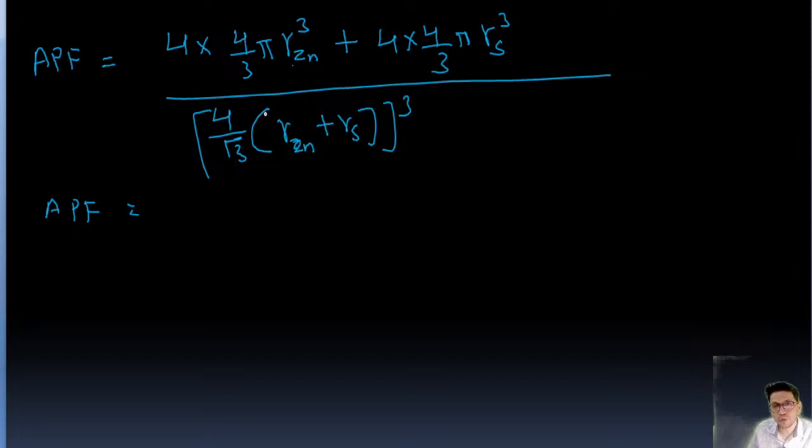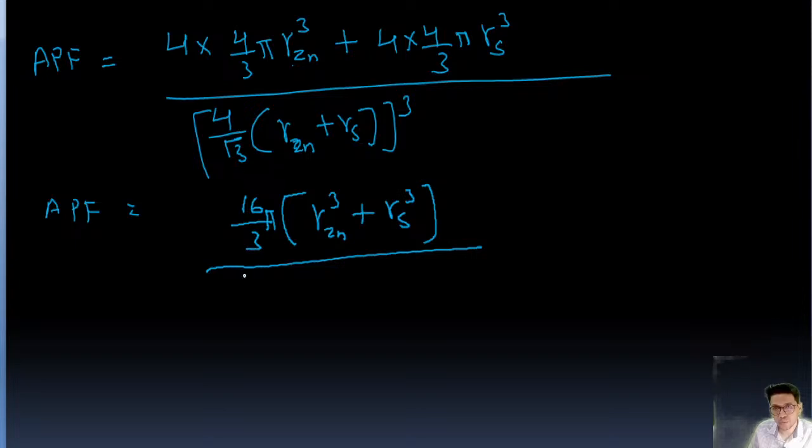4 to the power cube means, we'll take this one, right? 4 4 16. So 16 upon 3 pi we have taken common, and this is going to be r Zn cube plus r S cube, okay, upon, here it is going to be 4 to the power 3 means 64, upon 3 root 3 times r Zn plus r S cube, right?